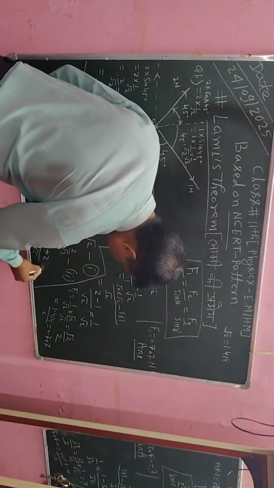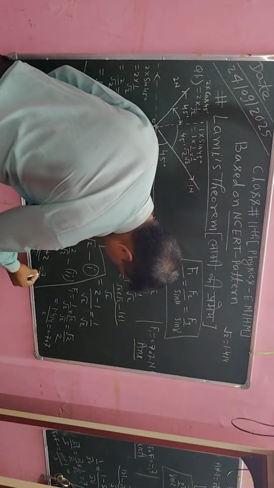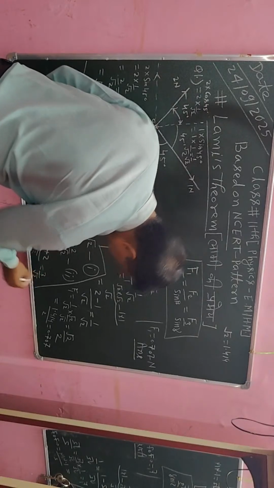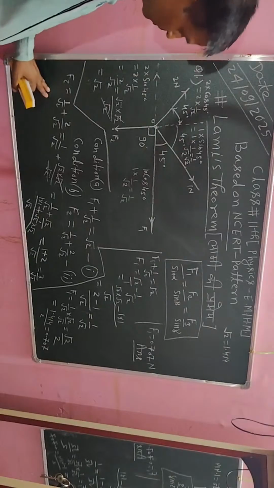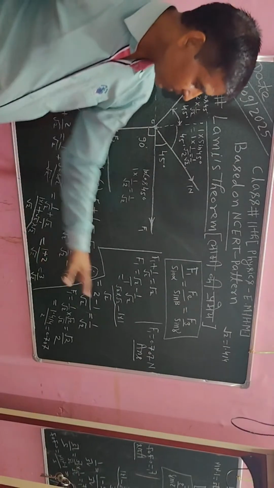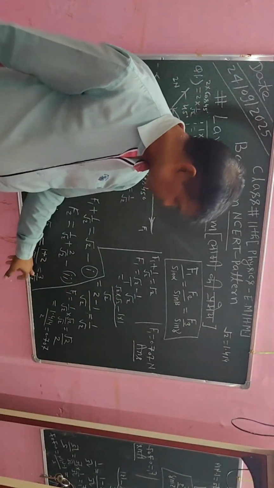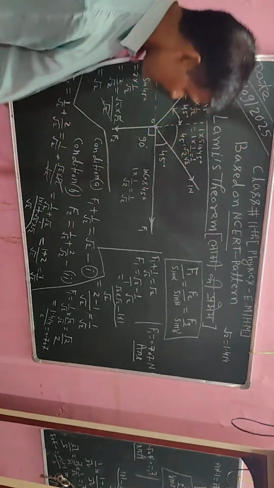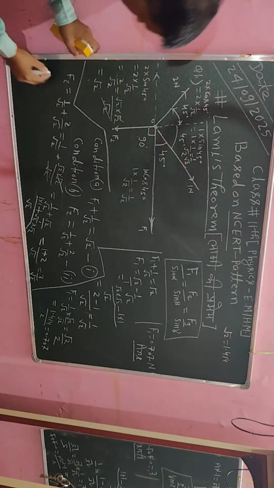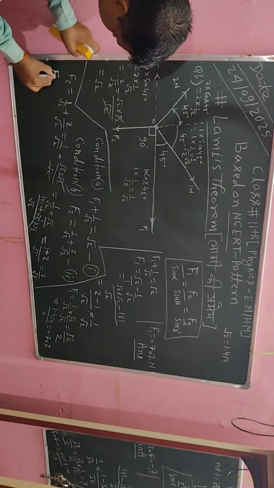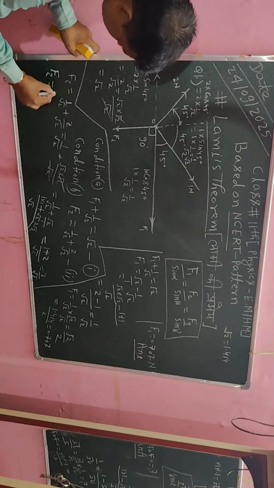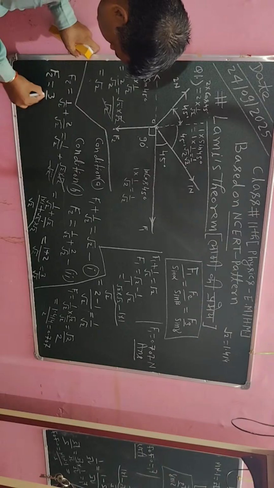So here I write 3 divided by 2. So this is the force F2, but we have to get the same value, so I will substitute the value of root 2. After substituting I will get its final value. So here I will say F2 is equal to 3 divided by root 2.